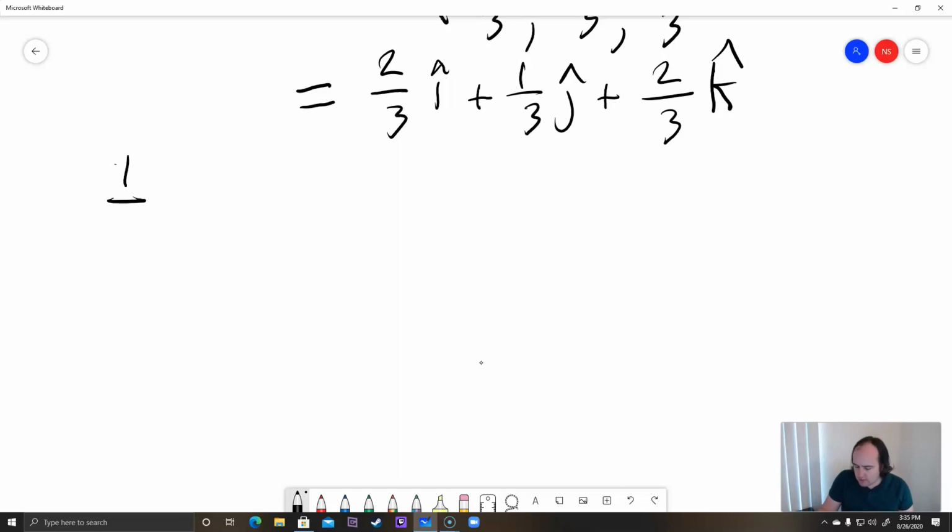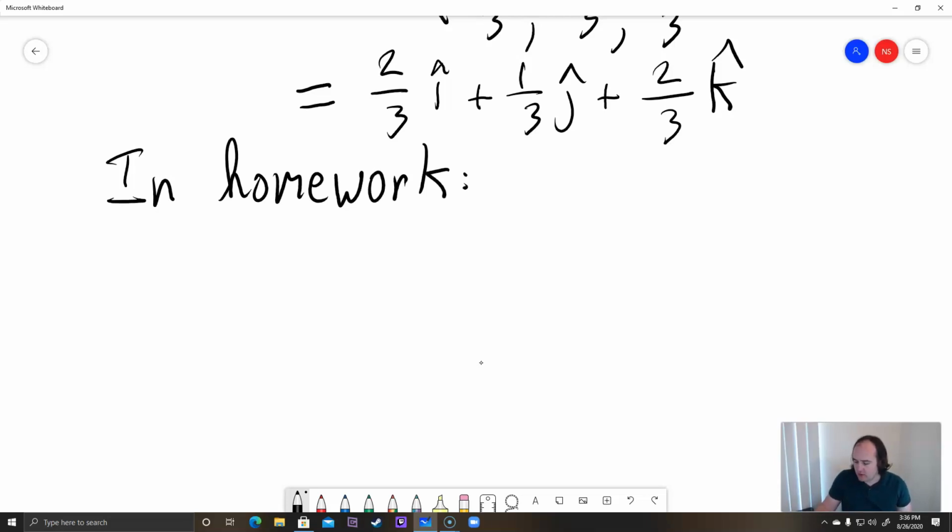So in your homework, they ask for v cross u. So you have u cross v, which we just did, and then v cross u, keep in mind that's going to be exactly what we just did. It's just that the order is switched for v and u.